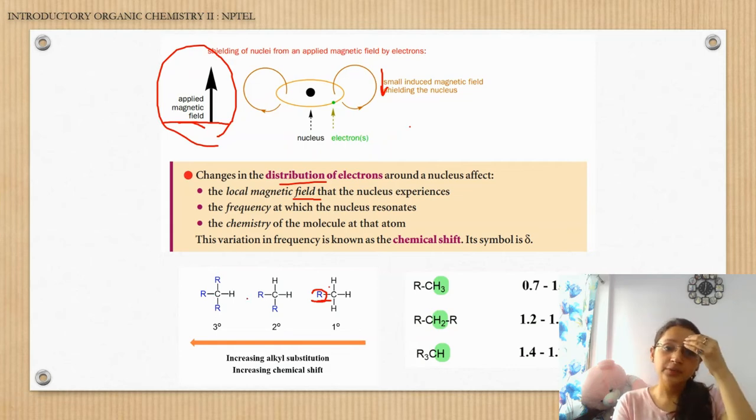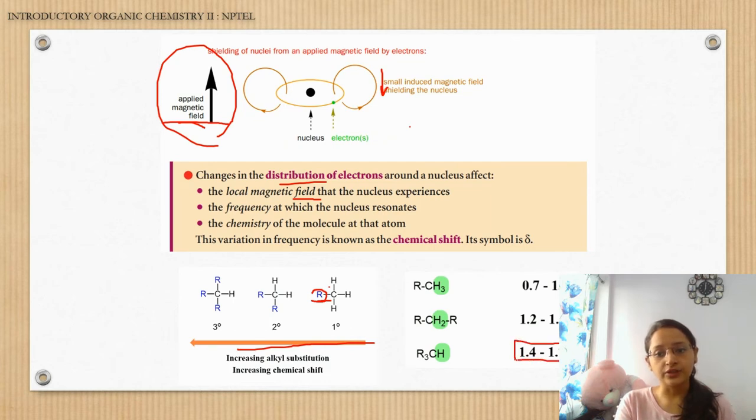That is why these hydrogens have an increased chemical shift; going from here to here, de-shielding is observed in the chemical shift. The chemical shift value of the primary substituted carbon lies between 0.7 and 1.3, the secondary substituted carbon lies between 1.2 and 1.4, and the tertiary substituted carbon protons resonate at 1.4 to 1.7.